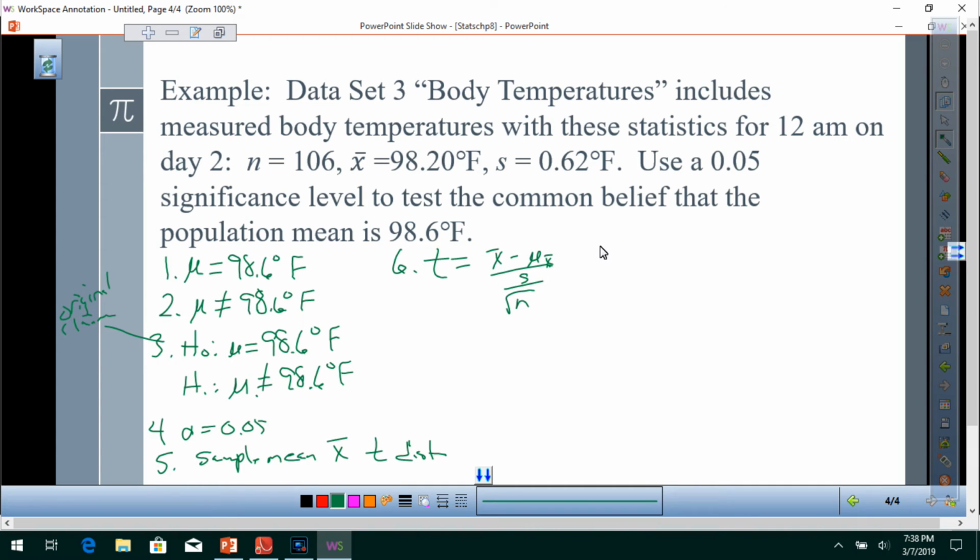All right. And we'll just go ahead and fill this out. 98.2 minus 98.6 divided by 0.62 over the square root of 106. All right. So we'll do the p-value method.